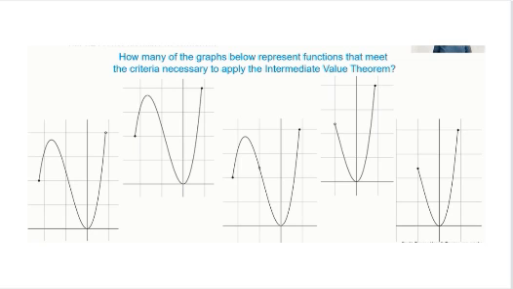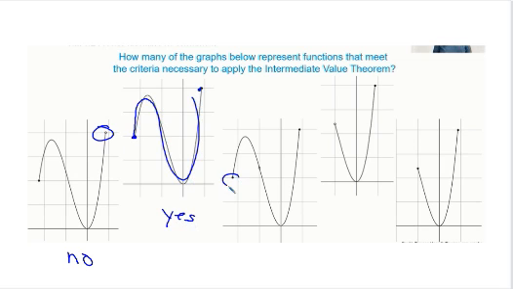We've got some graphs here, and we want to ask how many of these graphs below represent functions that meet the criteria necessary to apply the intermediate value theorem. This first one is a no because we've got an open interval. The next one is yes because we have a closed, continuous function.